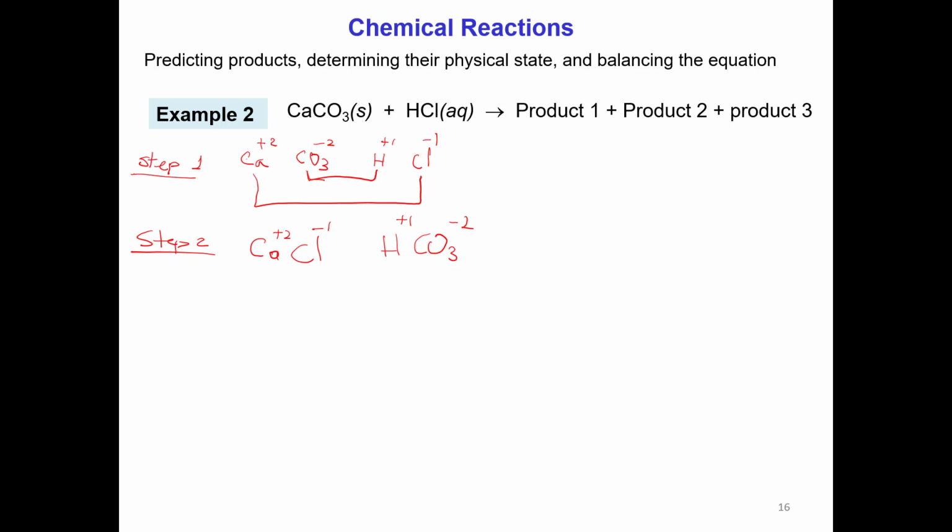To get neutral, we need 2 chlorines, because here we had +2, and 2 times -1 is -2. Now we have neutral products. In the second one, we had +1 here and -2 here. There is no neutral, so we need to multiply here by 2.